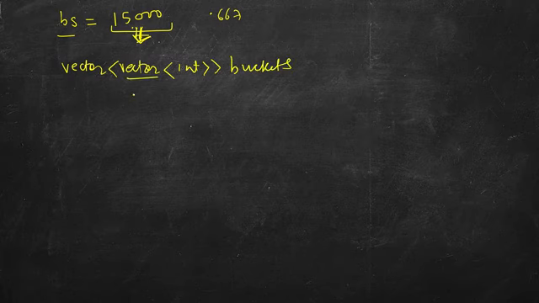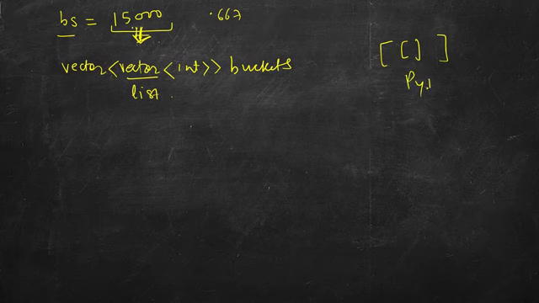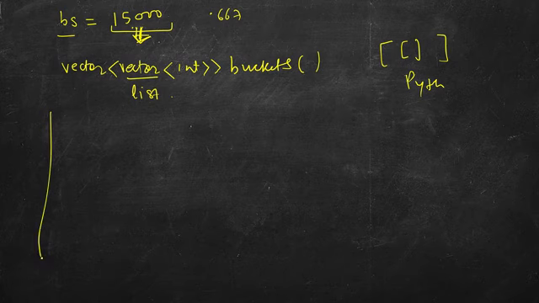You can also take it as a list of lists in Python, and in Java you can think of it as an array of lists. So anyway it conveys the same thing. So we define something like this.